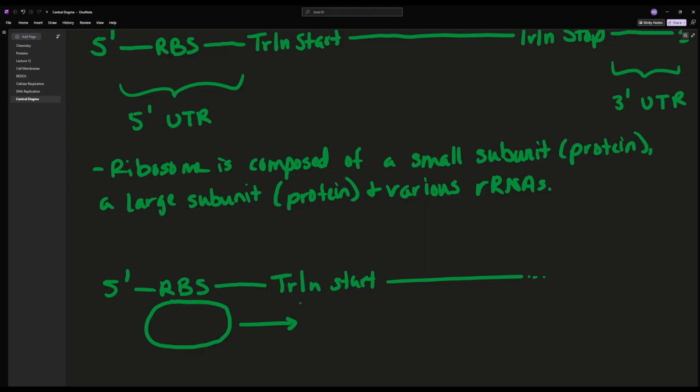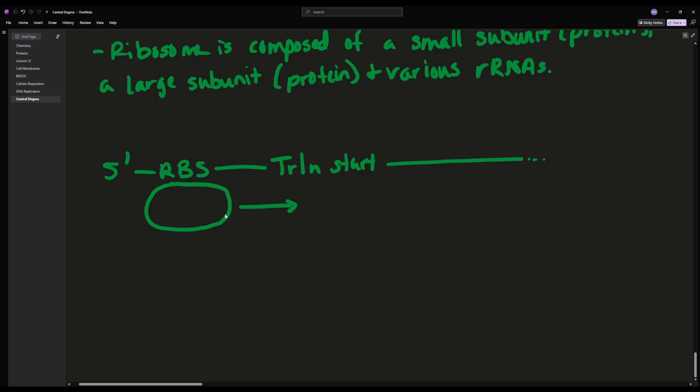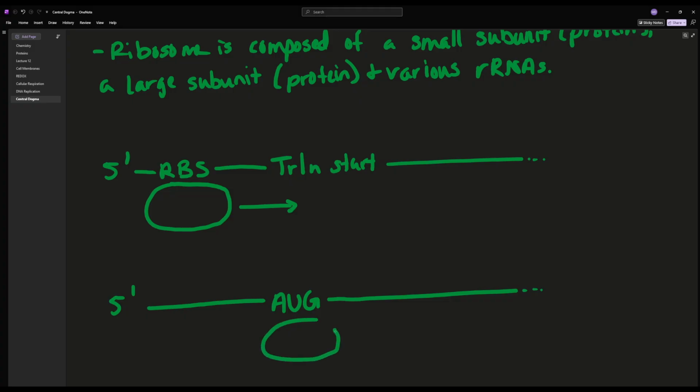For translation, the template, which is the mRNA, is being read from 5 to 3. Okay. All right. Once it gets to this translation start, it's actually going to stop. And we can finally give a name to this translation start, and it is specifically the start codon, referenced by AUG. So the small subunit is going to stop at the AUG.